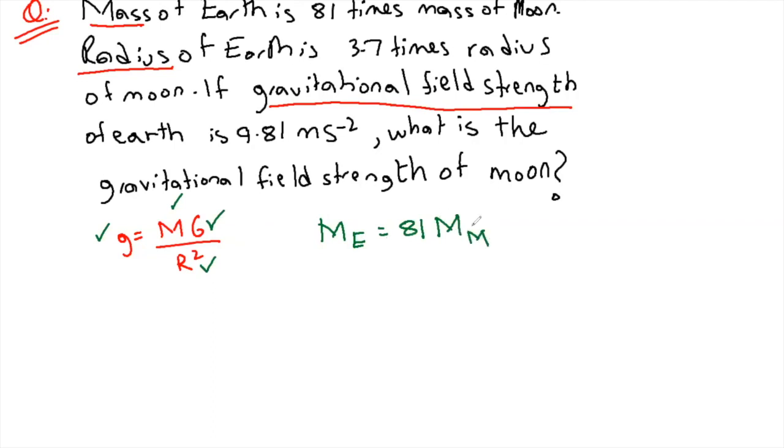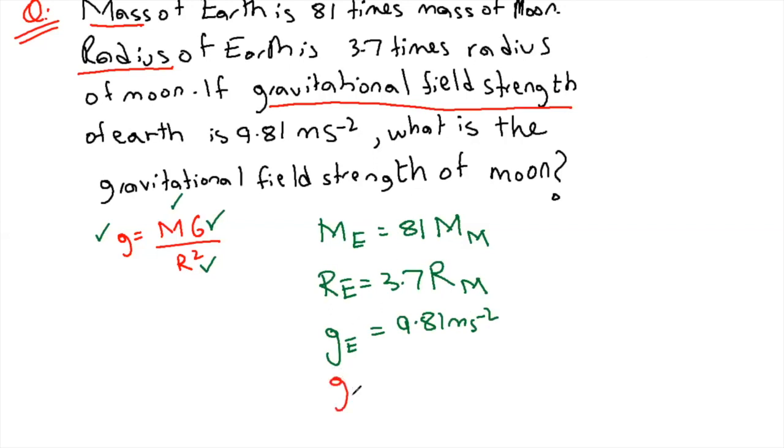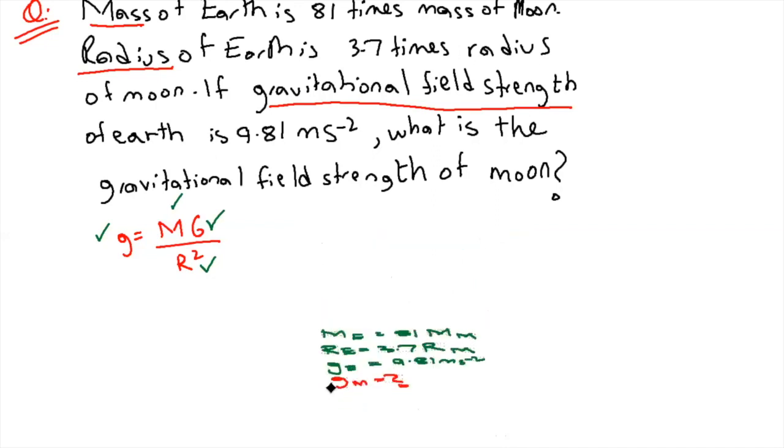Radius of the Earth is 3.7 times radius of the Moon, RM. And gE is 9.81. We want to find out gM. Okay, so we want to find out gM. Now, this is our data. Let's take it and place it here.